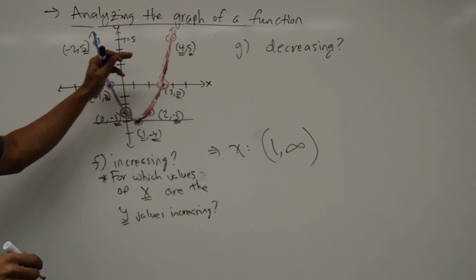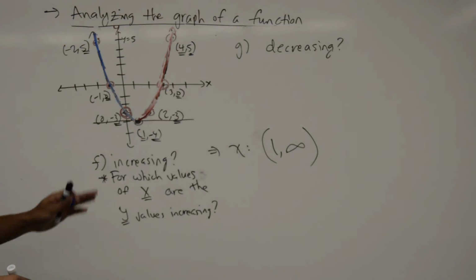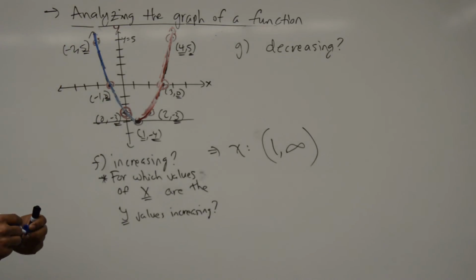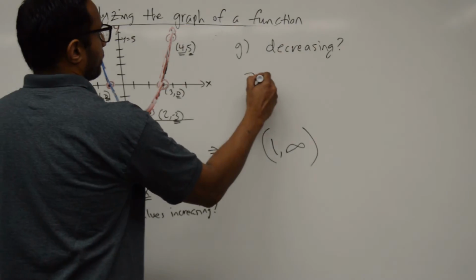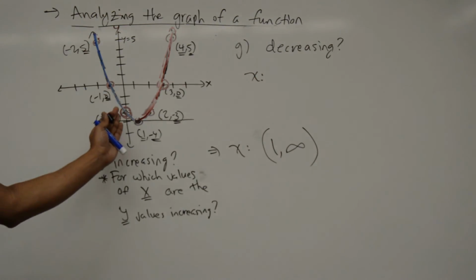Or if you go left to right, the function is going downwards on this side. Okay, so let's think about that in terms of x. So the function is decreasing on this portion.